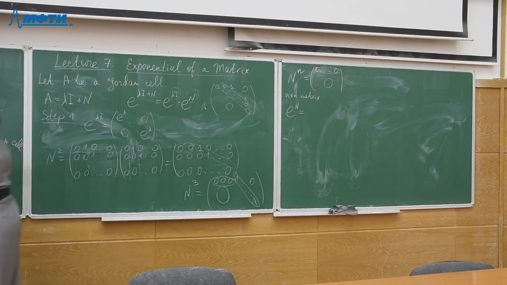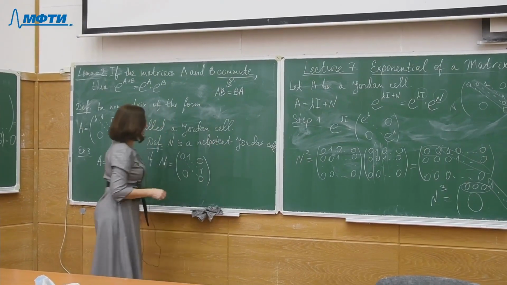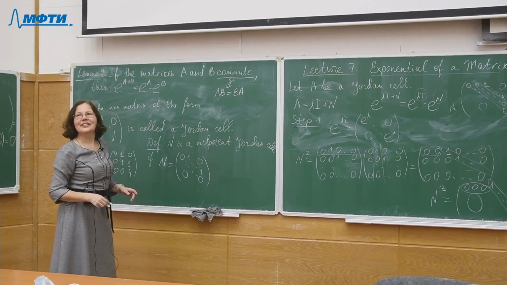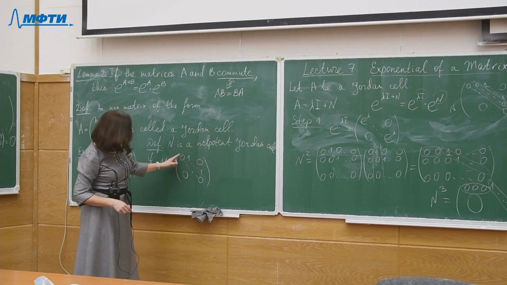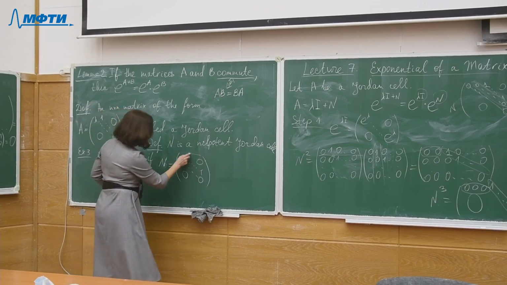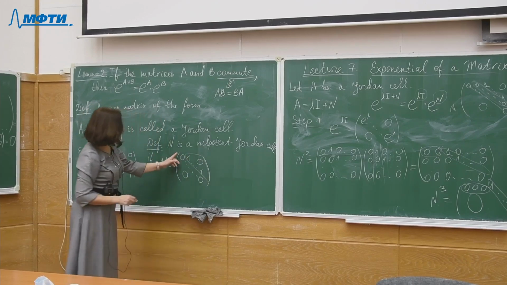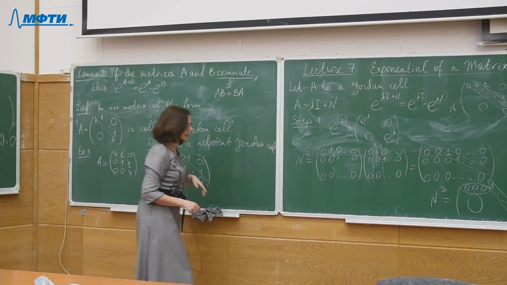This is nil, this is potent. It is called nilpotent. What is meant by upper triangular? Upper triangular matrix with zeros on the main diagonal. So this is called a nilpotent Jordan cell.